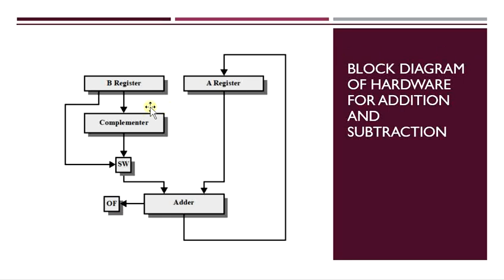For example, we use the register, and we have the complementer, and we use a switch to switch either to do the addition or subtraction, and we have the adder component and the overflow component. This one gives a signal to the computer whether the operation gives overflow or not.